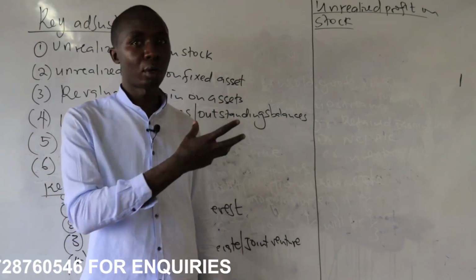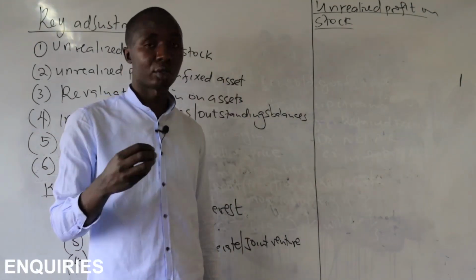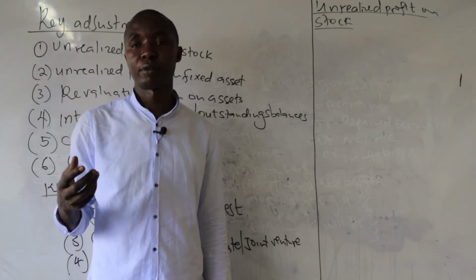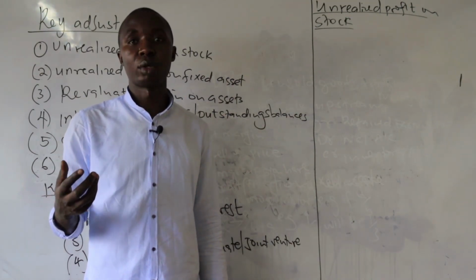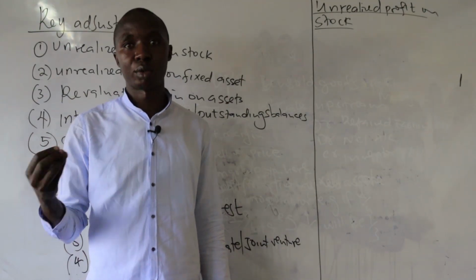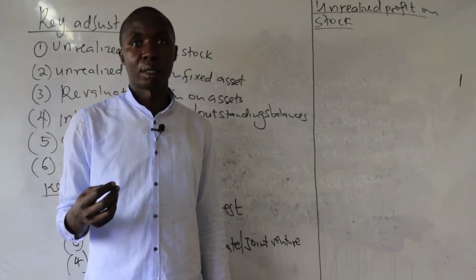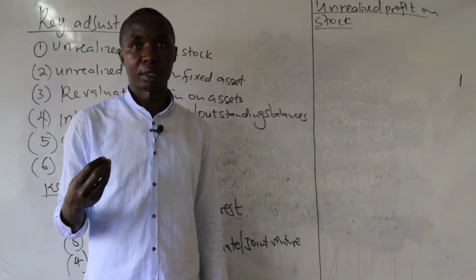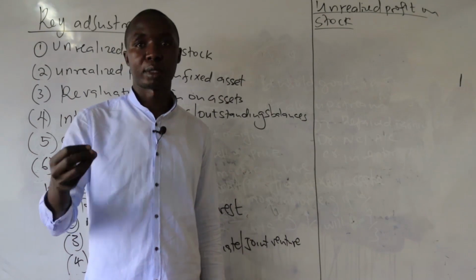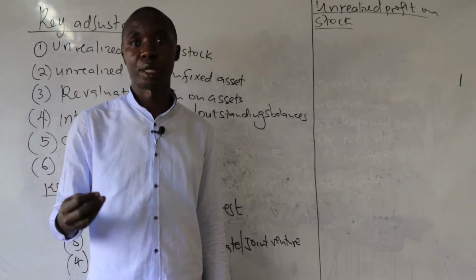On this scenario, during the year, the parent may have sold goods to the subsidiary, or the subsidiary sold goods to the parent, and that is two-way.